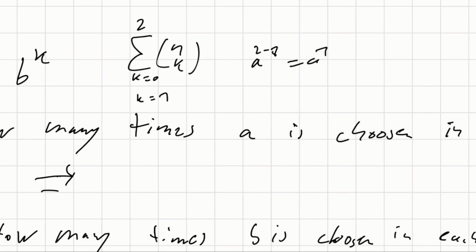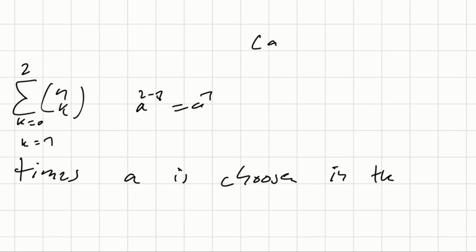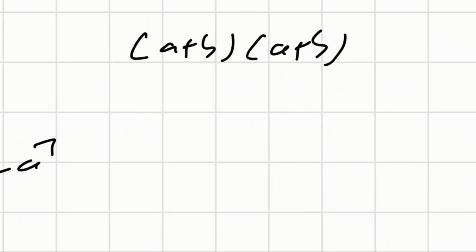So we are looking how many ways there are to combine exactly one a term. And this is very important that you understand, because I think this is the crucial idea behind this.